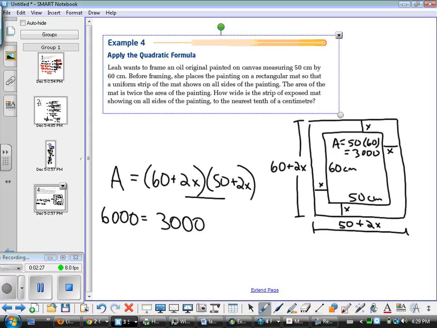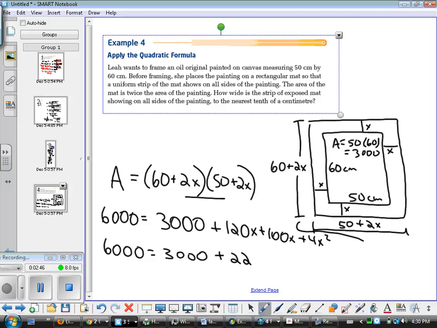So I'll use FOIL. The first, 60 times 50, is 3,000. Outsides plus 120x. Insides plus 100x, and then plus 4x squared. So 6,000 equals 3,000 plus 220x plus 4x squared.